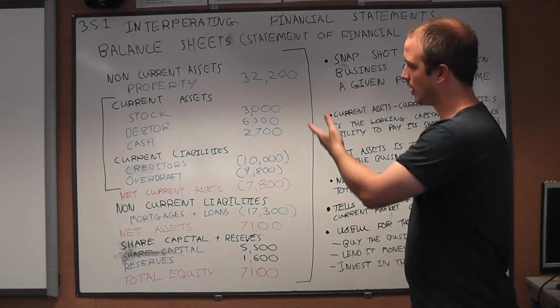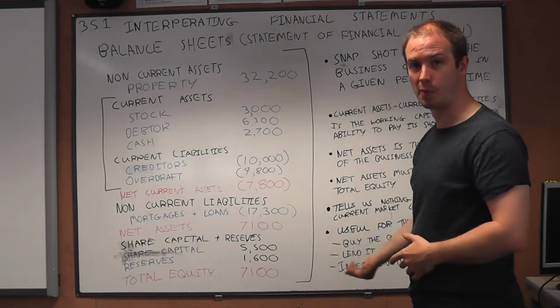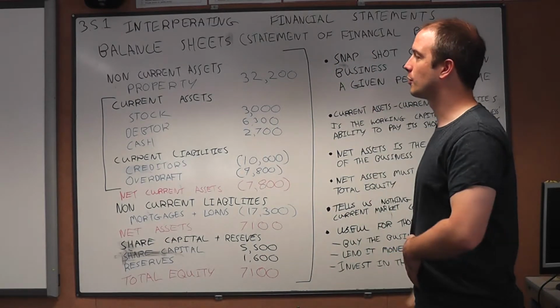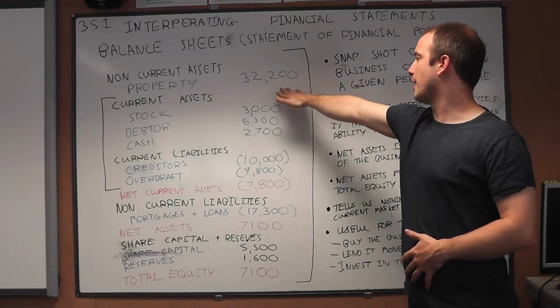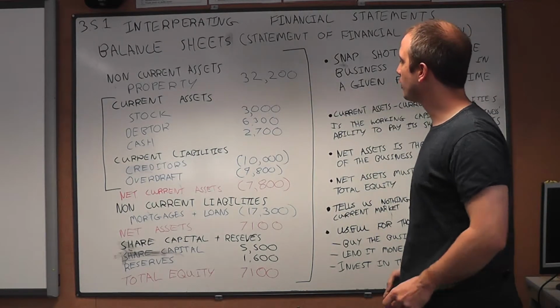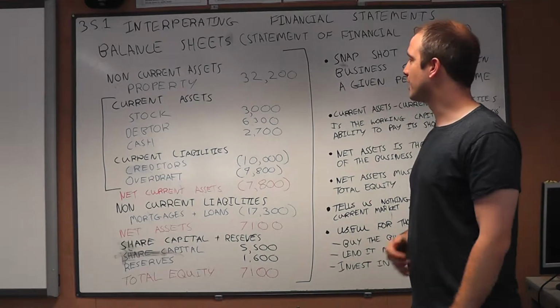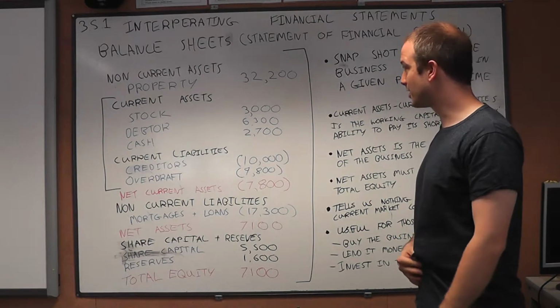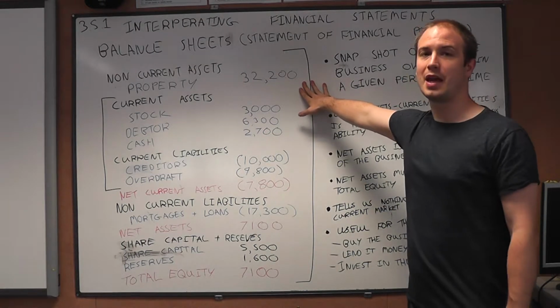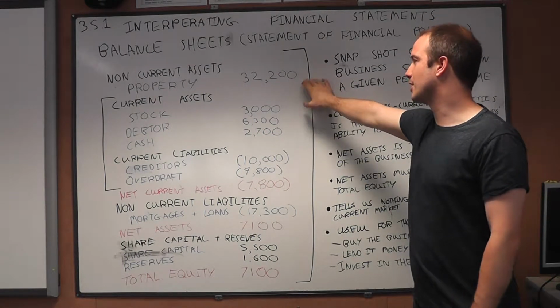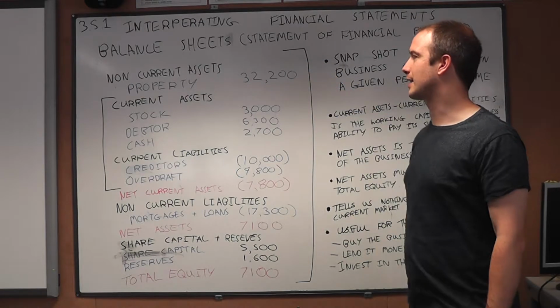So for example, this is for a large supermarket, an example that I took from a textbook. So they've got property to a value of, these are in millions, 32,200 million. So they're a very property-rich business. Those are their non-current assets.